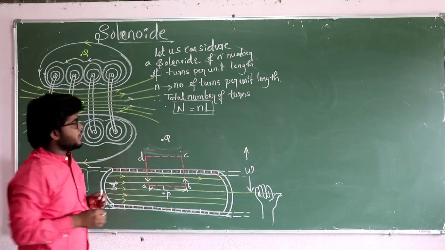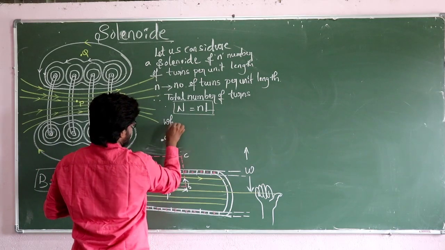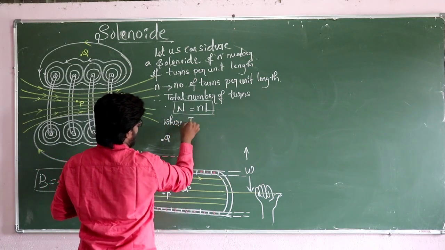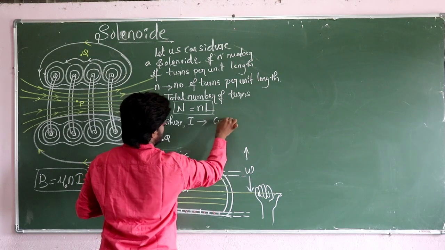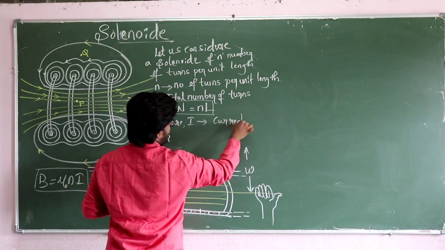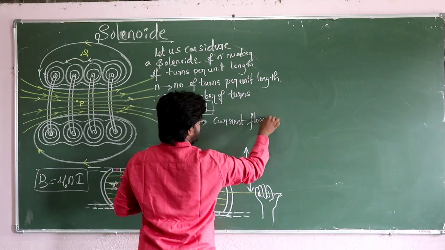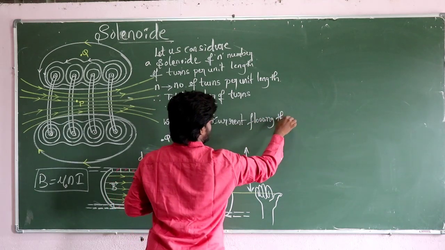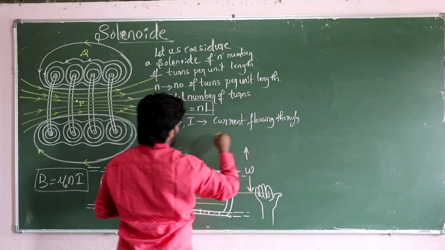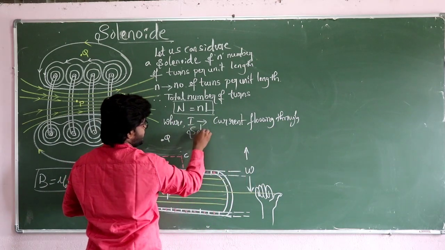Where I represents current flowing through the solenoid.